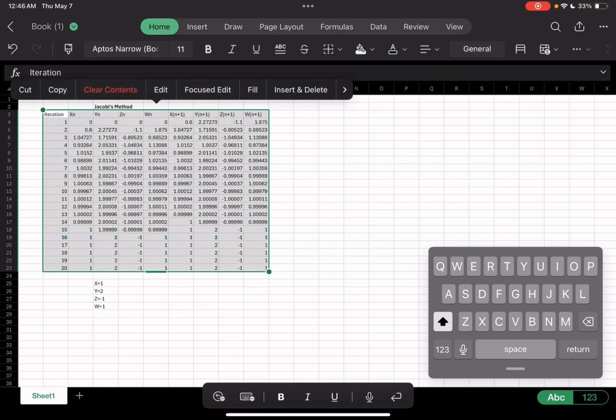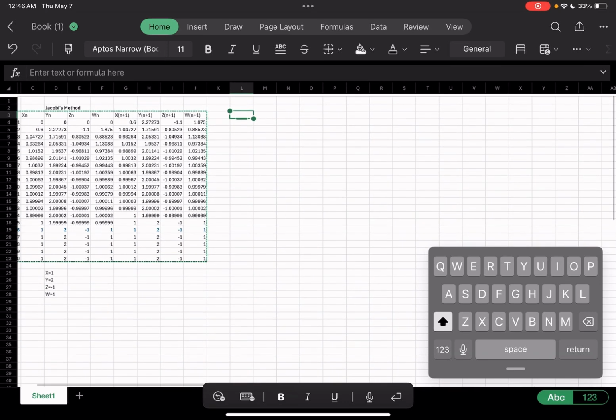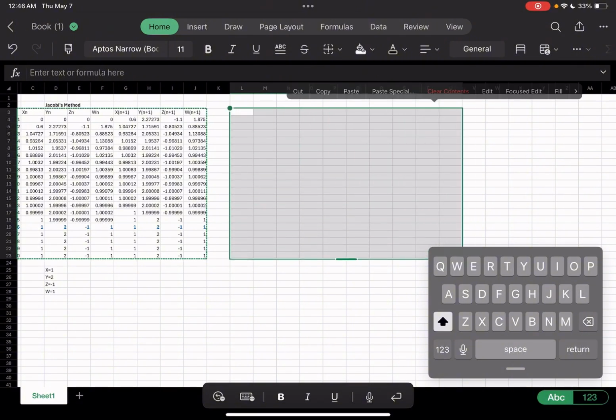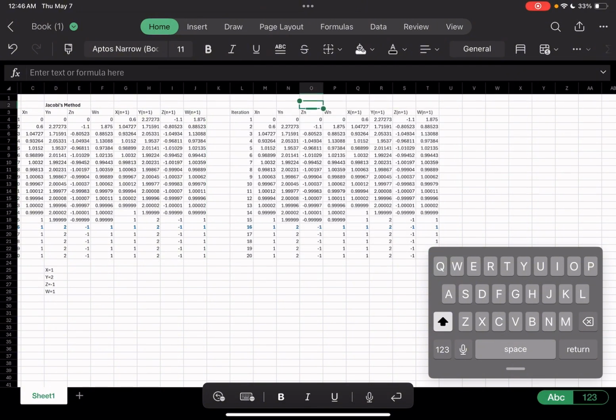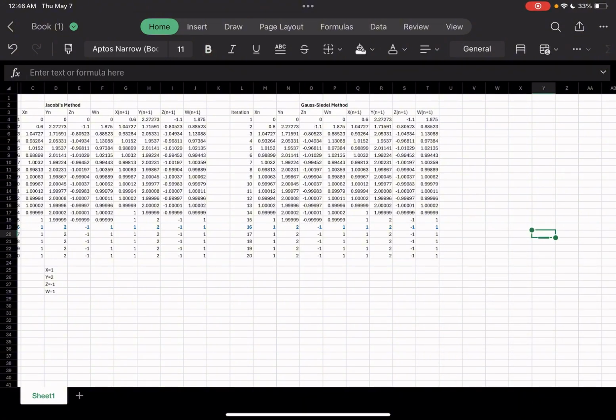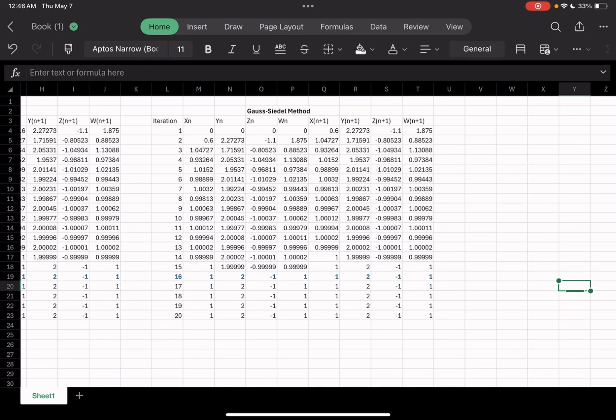So let me just copy this one and put it right here. Now this would be our Gauss-Seidel's method. Now, as what I stated, the recently computed component values within the same iteration would be used.